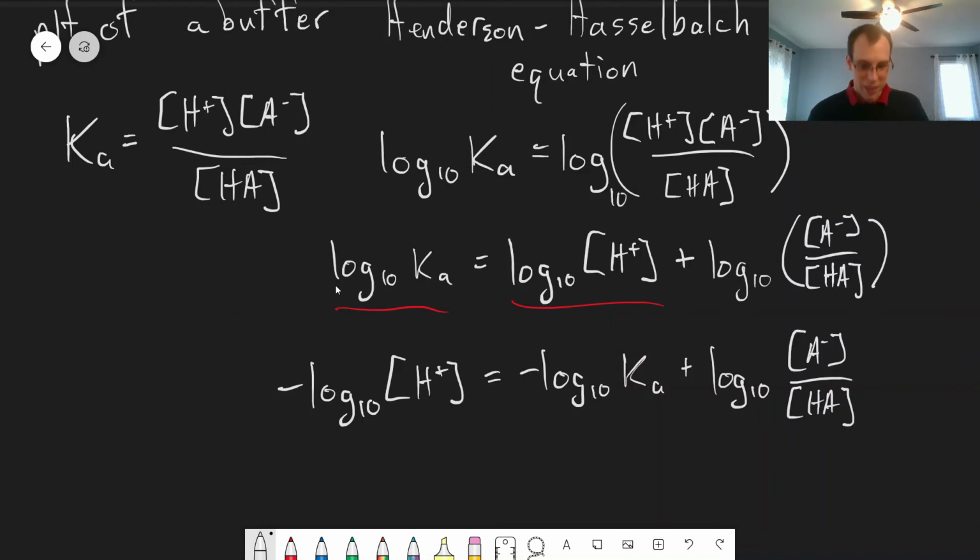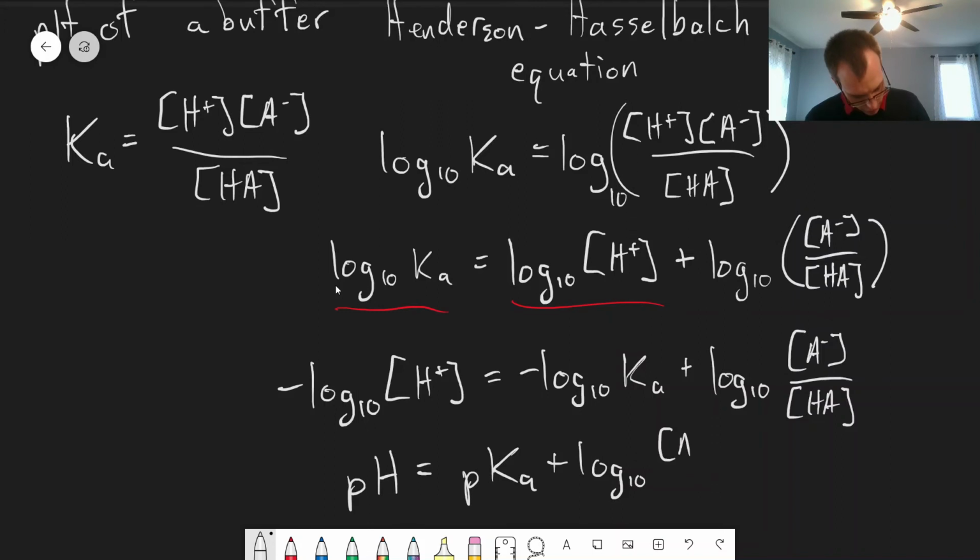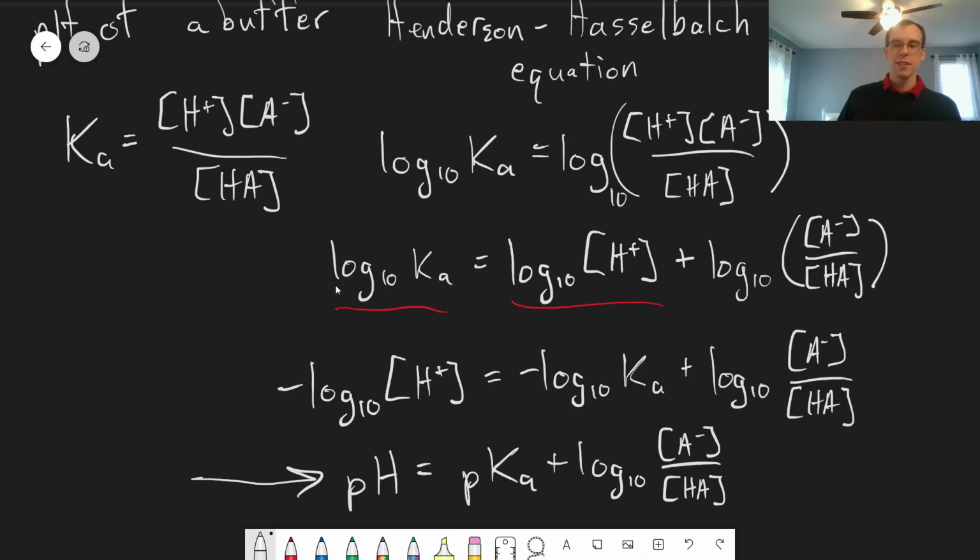And now we can use the definitions of the p-values. pH is equal to pKa plus log base 10 of A minus over HA. And this is the Henderson-Hasselbalch equation right here. So we can see this is just taking logarithms and then rearranging things. It is basically the Ka expression just written in a more convenient form.